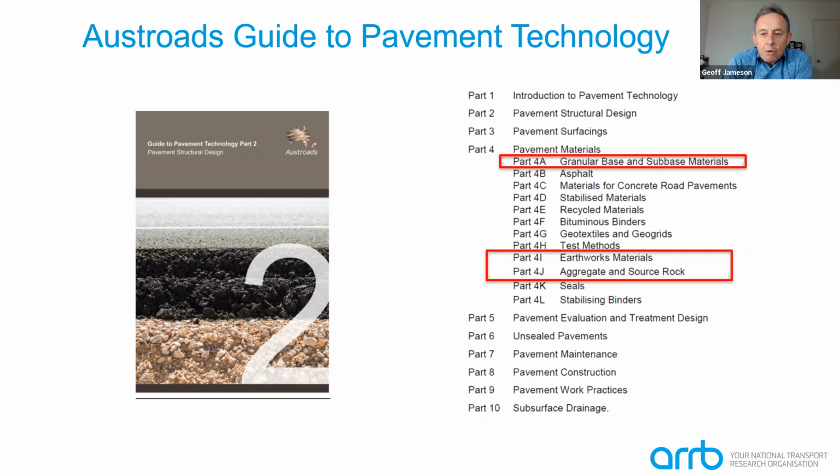Part 4A, the granular base and subbase, describing granular base and subbase materials. Part 4I, which is earthworks materials, so that's the subgrade materials. And Part 4J, which is really the source rocks from which crushed rocks and natural gravels are produced. So have a look at those supplementary parts as well.